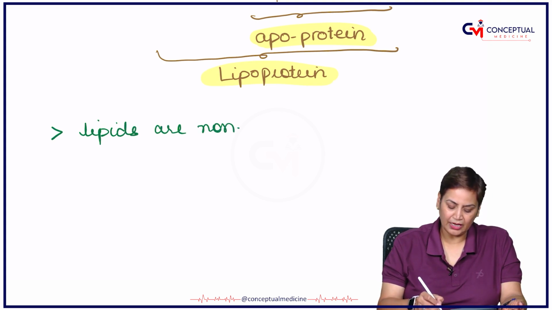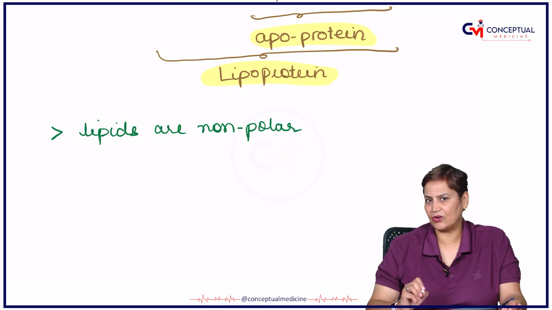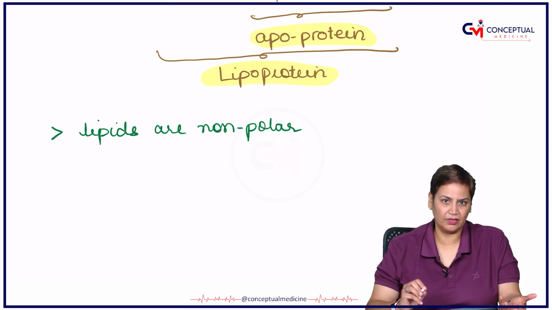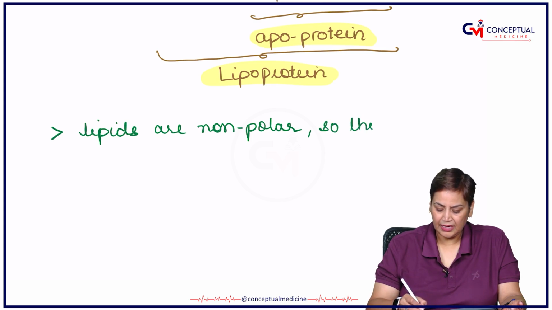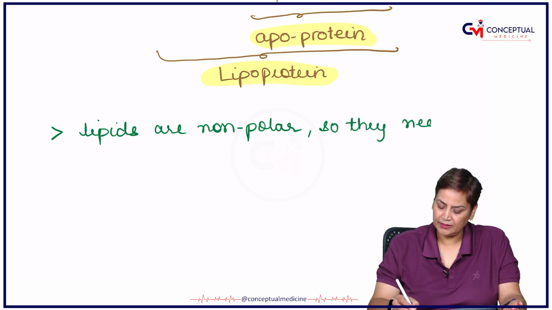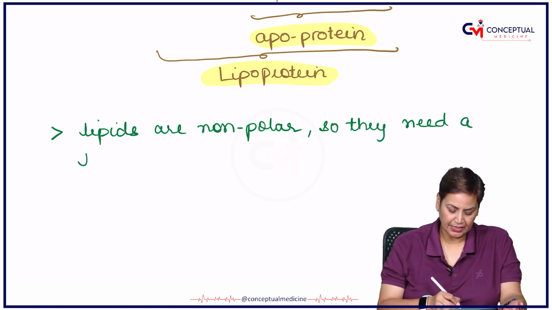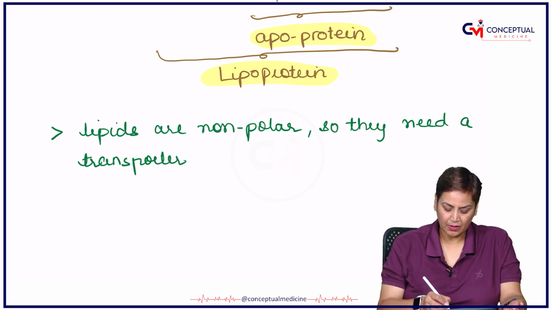We know that polar molecules are attracted towards water and can be easily transported, while non-polar ones hate water basically. So lipids are non-polar, and they need a transporter to be carried in circulation.